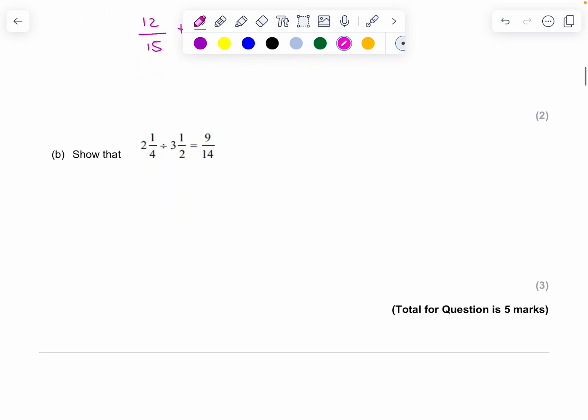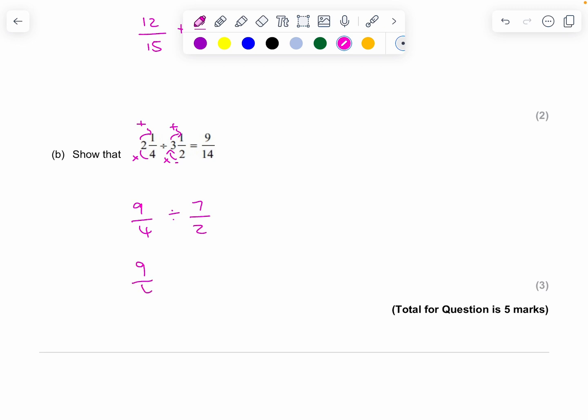For part B, I need to make both a top-heavy fraction. So 2 and 1/4: 2 times 4, add the 1, makes 9/4, divided by 2 times 3, add the 1, 7 over 2.